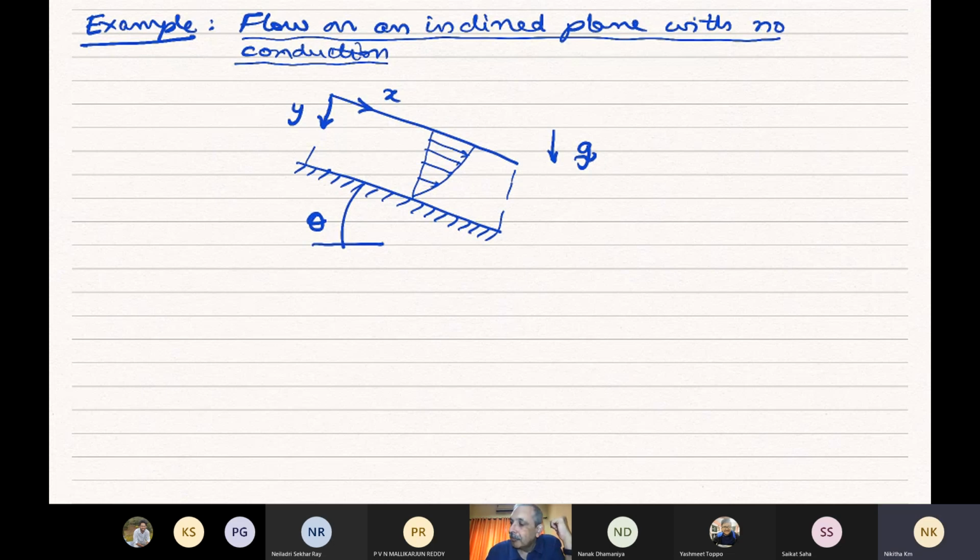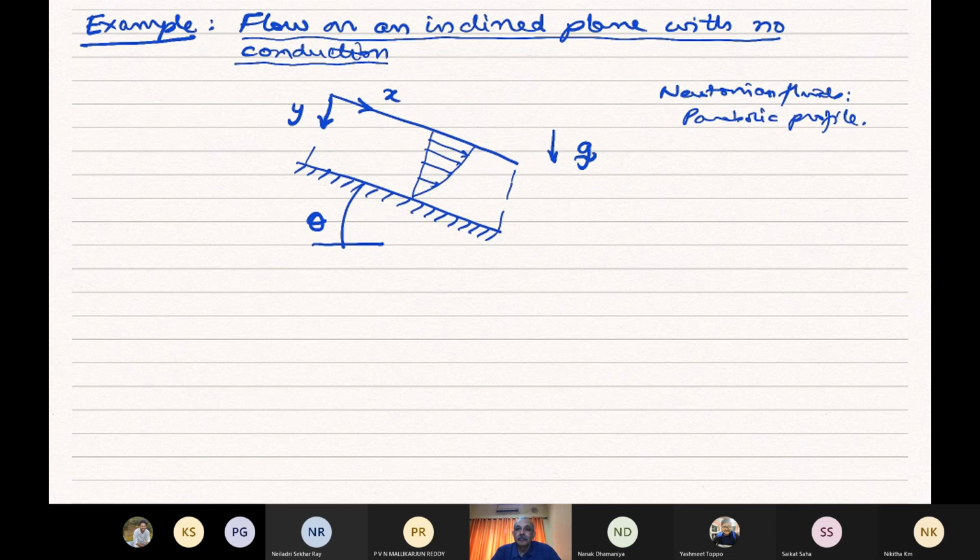Exactly. For Newtonian fluids, we know the solution, and you get a parabolic profile. But we would like to do it for this case. And what are the assumptions we'll make over here?